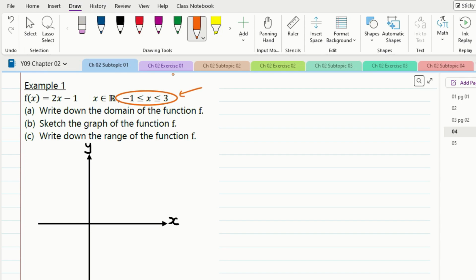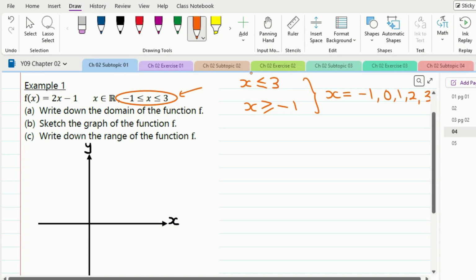x in 2 conditions. If you split them into 2, x is less than 3, which means x are numbers that are 3 and below. But at the same time, x must be more than or equal to -1. So both of them will give you a list of x that starts with -1, 0, 1, 2, and 3 as a whole.